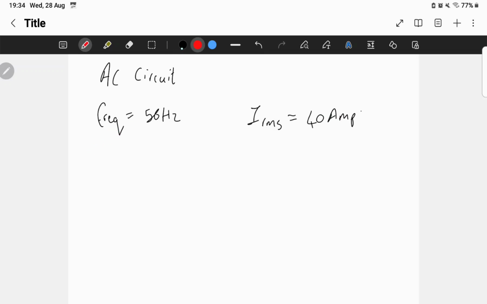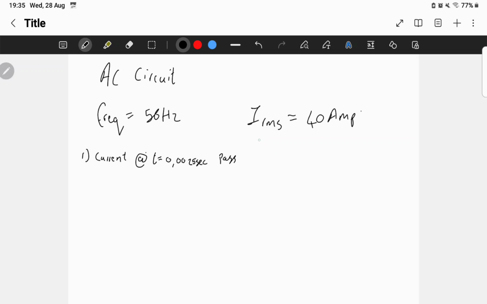So for question 1, what they want us to find is the current at t equal to 0,0025 seconds.